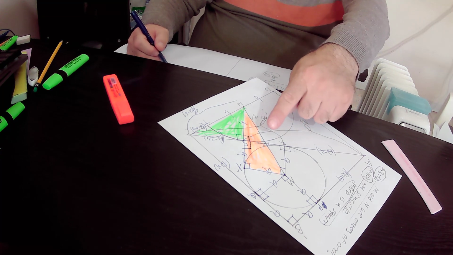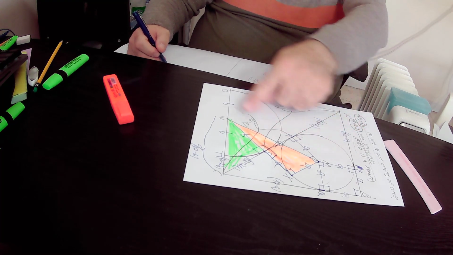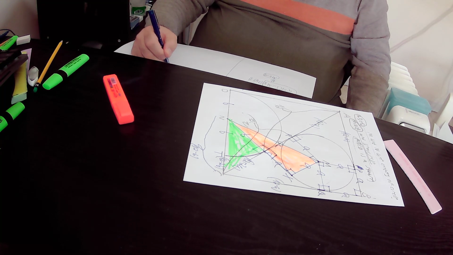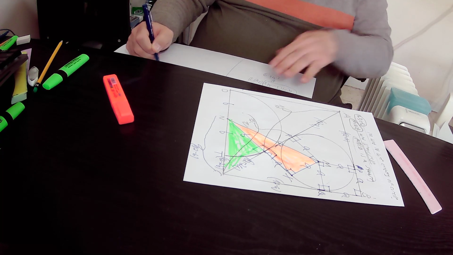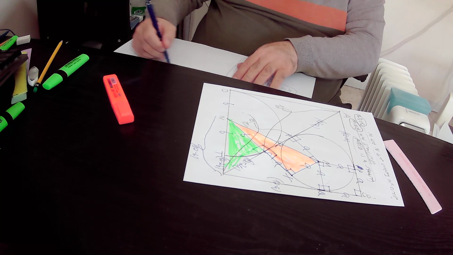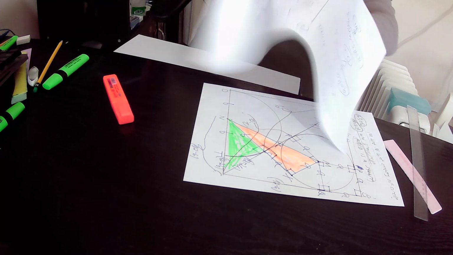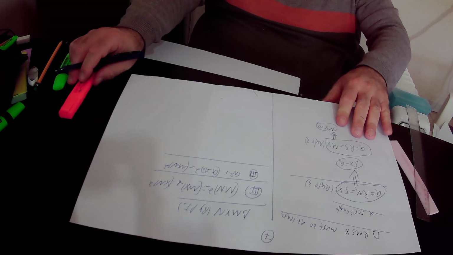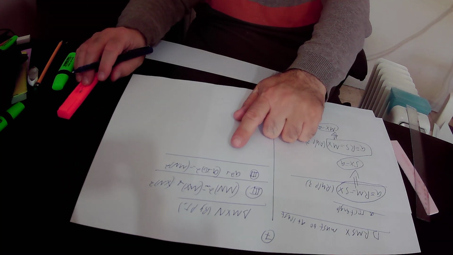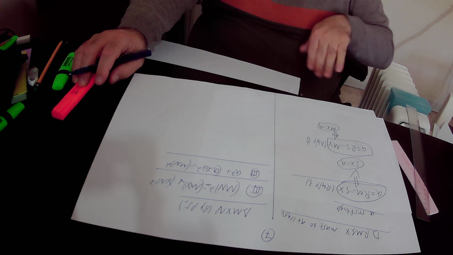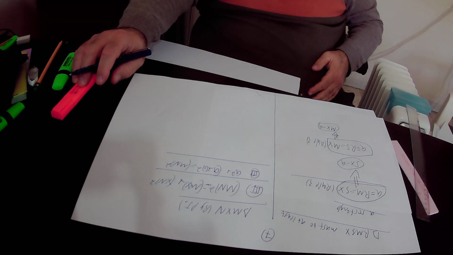Here XN is a plus b, so XN squared will be equal to (a plus b) squared, and it equals MN squared. So I found out that according to equation number 3, a squared plus (a plus b) squared equals MN squared, the line segment that we are looking for in this question.